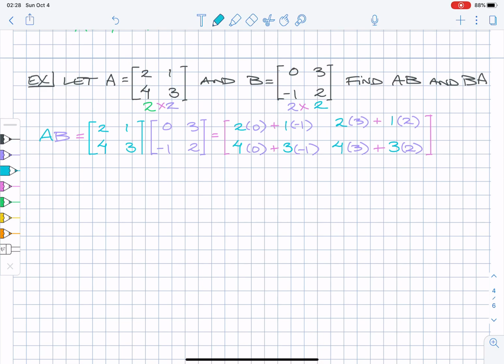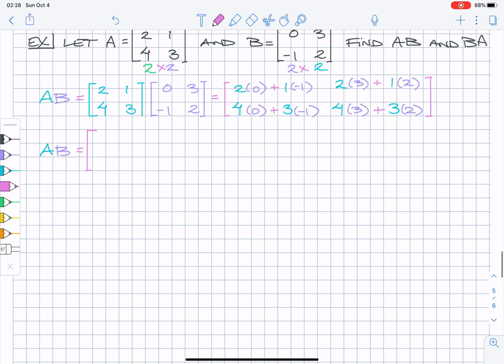So I claim that matrix AB is going to be the 2 by 2 matrix: 0 minus 1 is -1, 0 minus 3 is -3, 6 plus 2 is 8, and 12 plus 6 is 18. So that's AB.